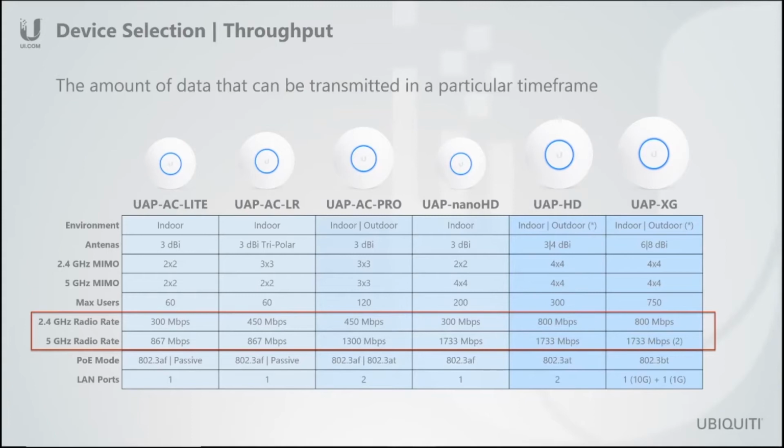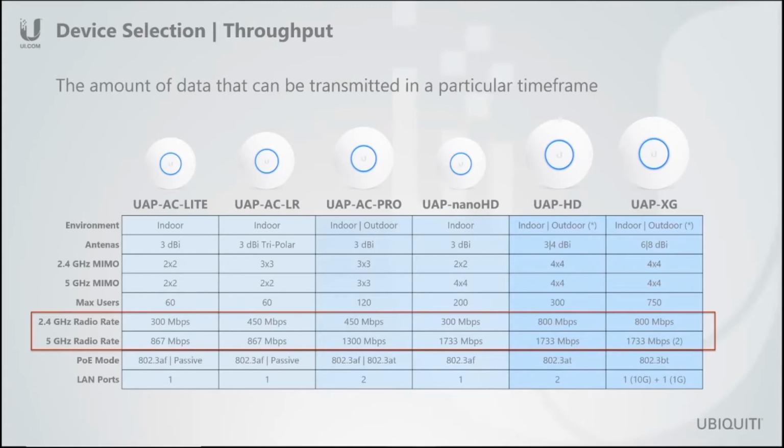So if you look at these access points right now, you would see the difference in the speeds which are available for 2.4 gigahertz radios as well as 5 gigahertz radios. If you look at HD and XG, they have the maximum throughput available for 2.4 gigahertz as well. Now this is again the aggregate speed or throughput that you could get, which means that is the combined speed of all the clients, which would be up to 800 Mbps for 2.4 gigahertz radios.